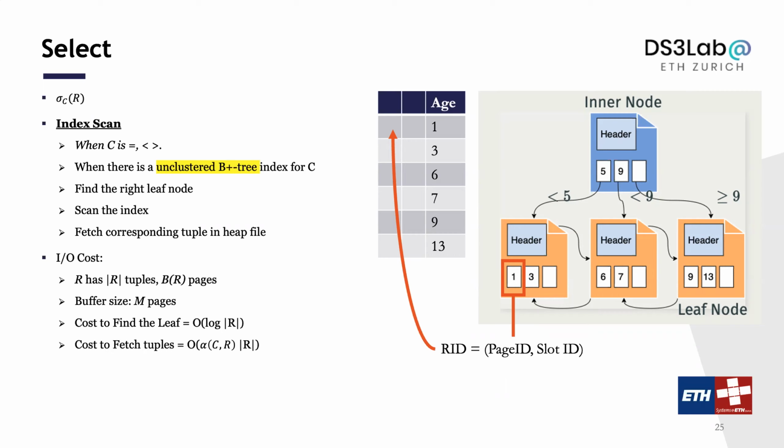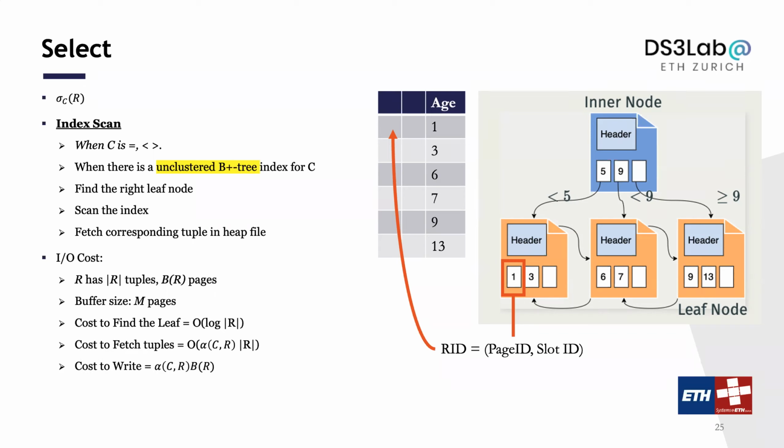Now we are going to talk about how to estimate alpha next week. So you have the selectivity of R and its predicate, alpha, multiplied by how many tuples are in R. That is the number of tuples you need to fetch. And for every single tuple, in the worst case, you will incur one page IO because they're in different pages.